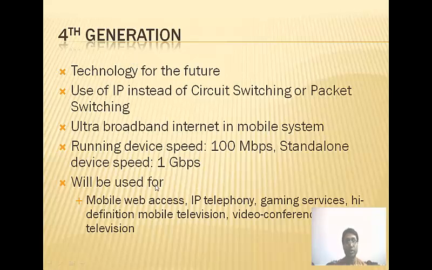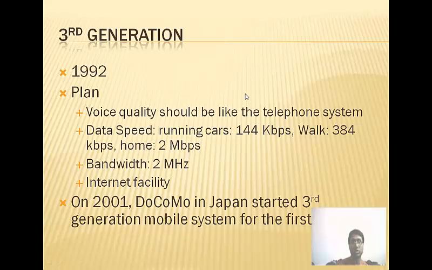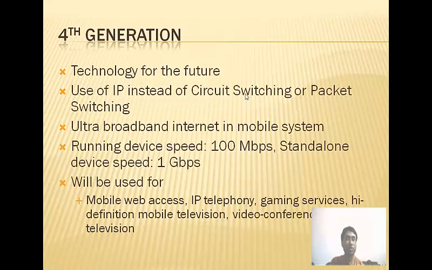And in fourth generation, running device speed 100 Mbps, standalone device speed 1 gigabit per second. In third generation, the target was 2 Mbps, 144 kilobit per second, 384 kbps. In fourth generation, the target is running device 100 Mbps, standalone device 1 gigabit per second.